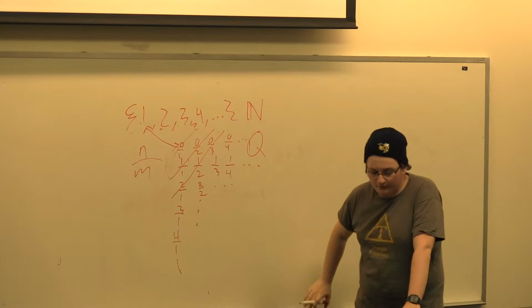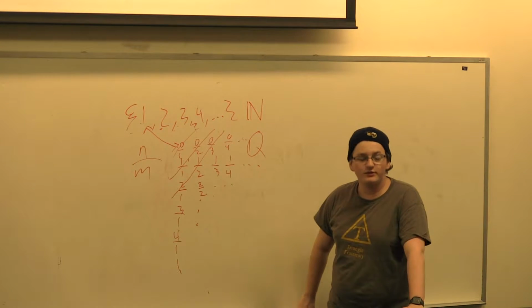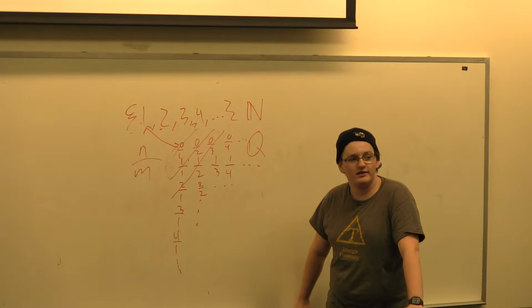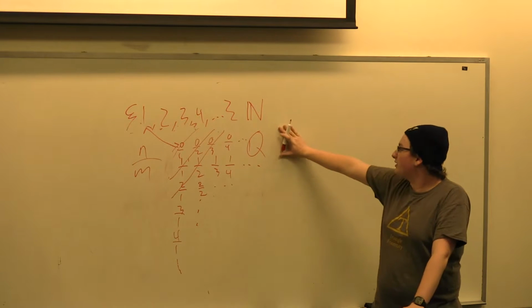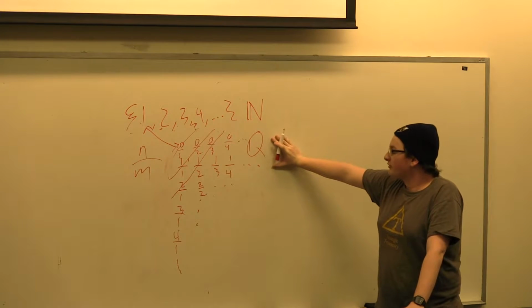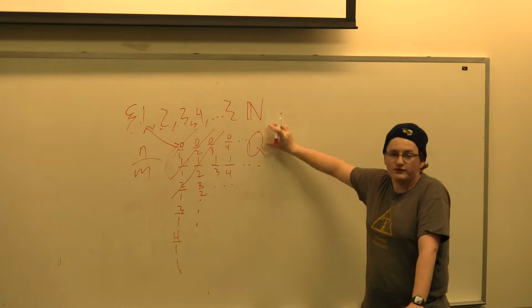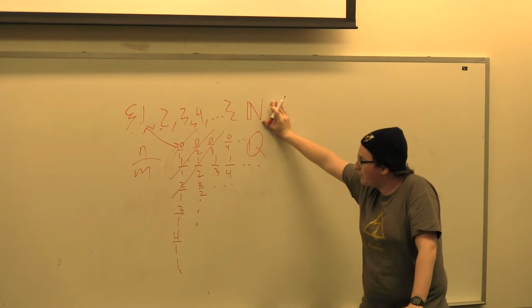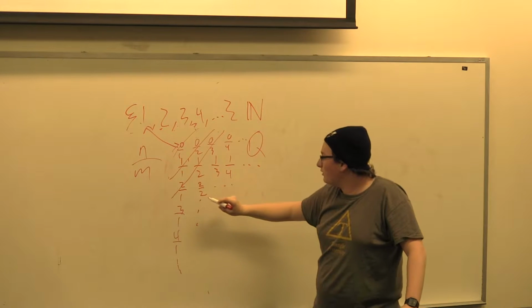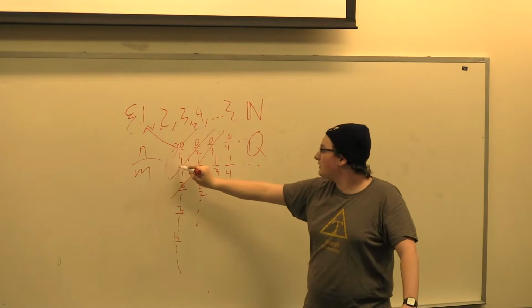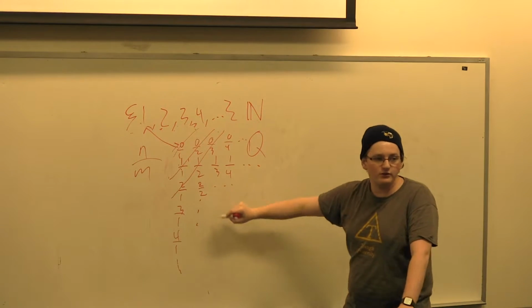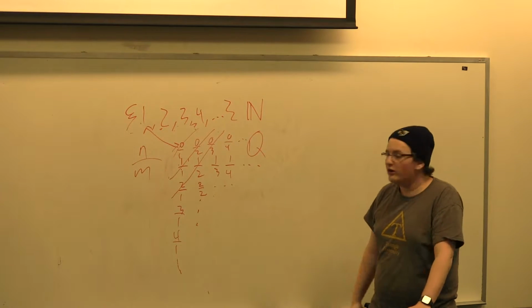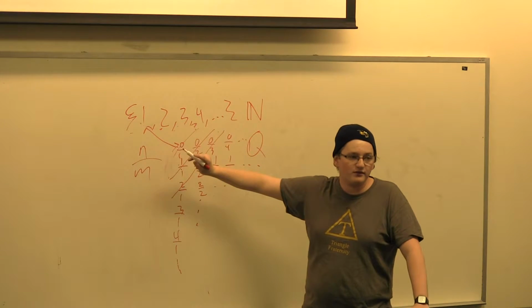This proof doesn't actually show that they have the same cardinality. What it shows is that the rationals have a bijection with a subset of the natural numbers, because if you look, anything along this diagonal, 1 over 1, 2 over 2, 3 over 3, those are all 1, and those will be mapped to different elements.